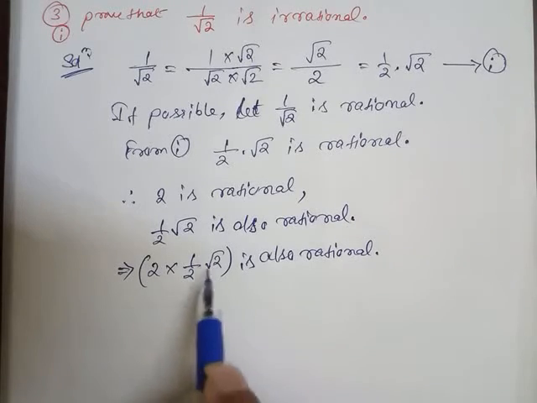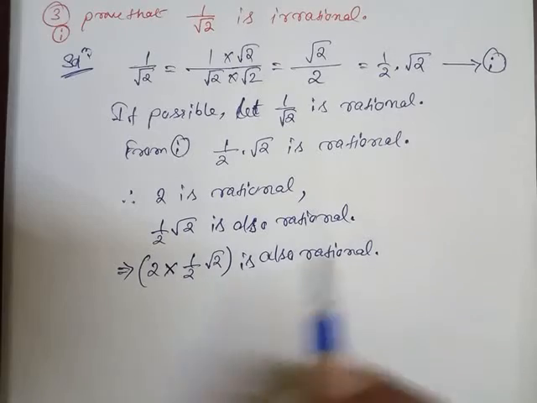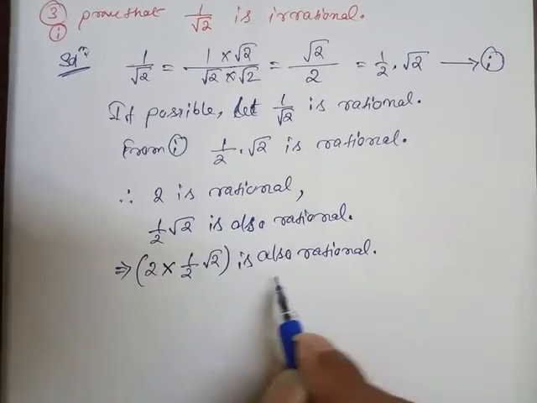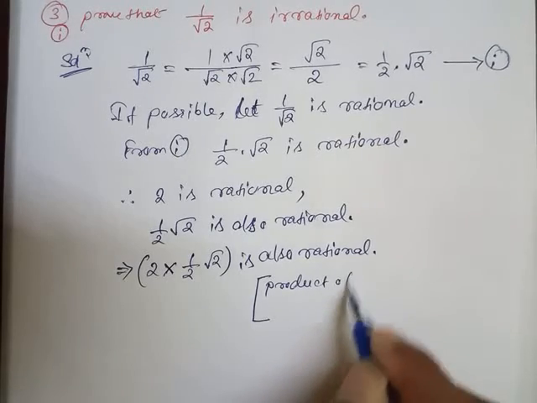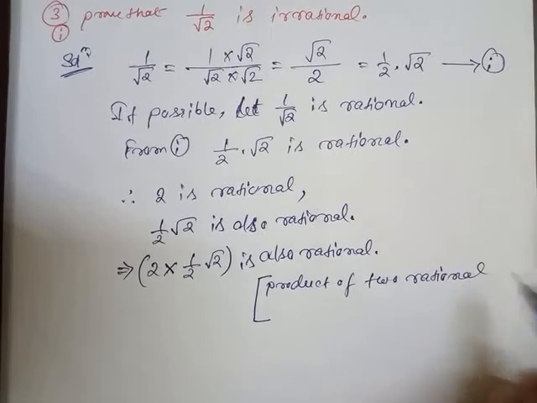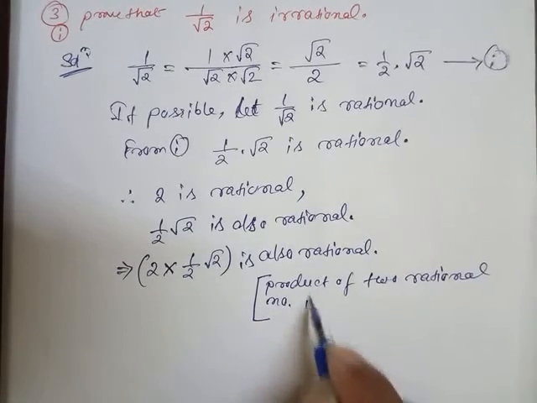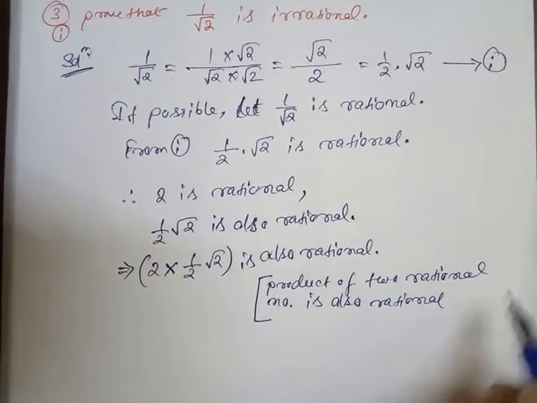That's why I have given the multiplication symbol and I am doing the multiplication here. I will write the reason here. Reason: the product of two rational numbers is also rational.